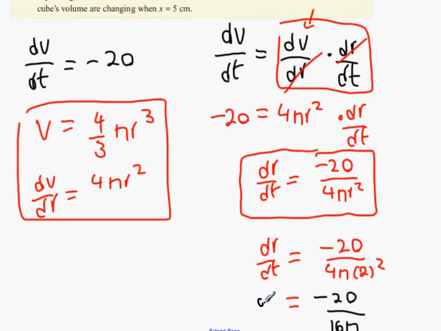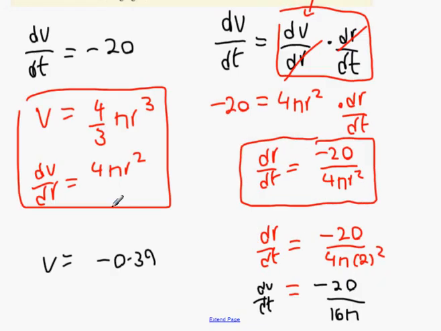Can somebody just give me that in decimals? Minus 0.39. Is it meters or what are we looking at here? Centimeters. And it's per hour, isn't it? Minus 0.4, sorry. Yeah, rounds up. Okay, minus 0.4.